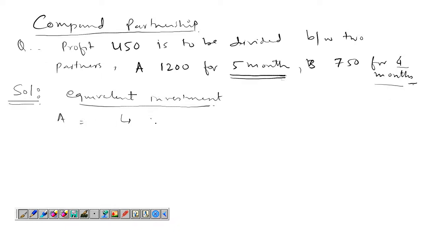A, who has invested 1200 rupees for 5 months, actually invested 6000 rupees in total, and B, who has invested 750 rupees for 4 months, has invested 3000 rupees.